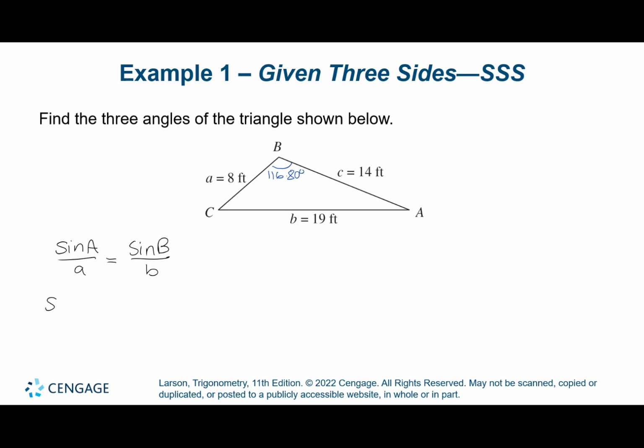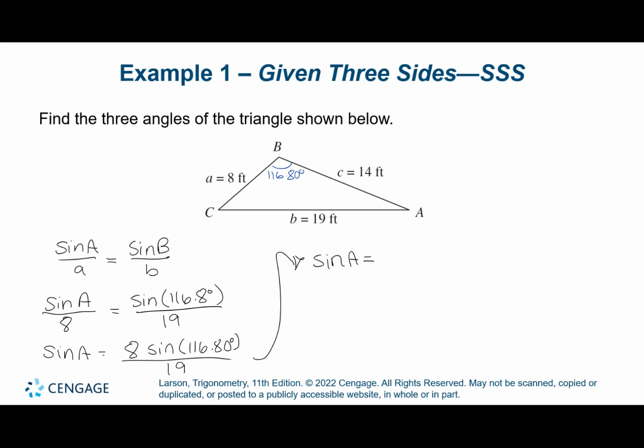We know side a is 8. Now we can fill in for angle B, and we know side b is 19 feet. Now solve for sine A. I have to multiply both sides by 8. We've got 8 times sine 116.80 degrees divided by 19.